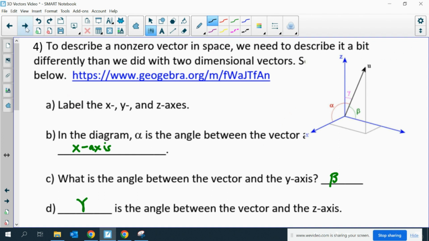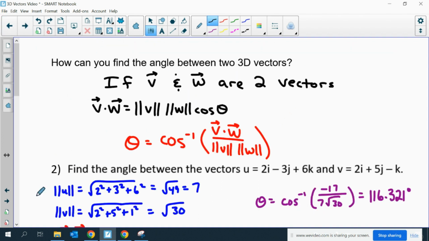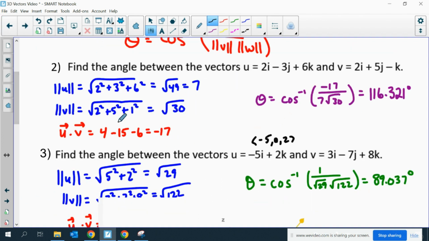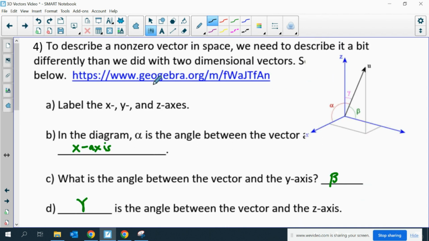Now, to describe a non-zero vector in space, if we have two vectors, we can describe the angle between them like we just did in these two problems. But to describe where it is, we can't just say there's one angle with the positive x-axis. Notice that we have to describe it in terms of where it is with all three axes, because it could be anywhere.